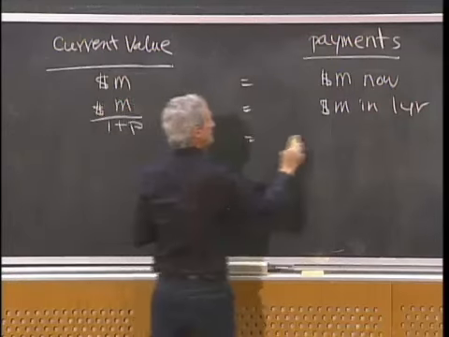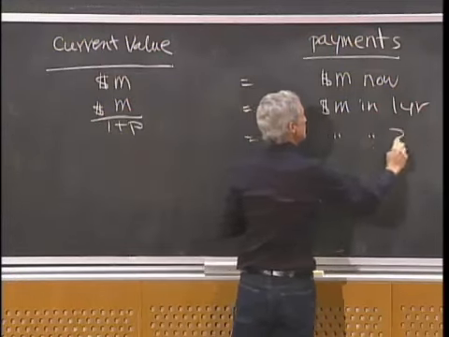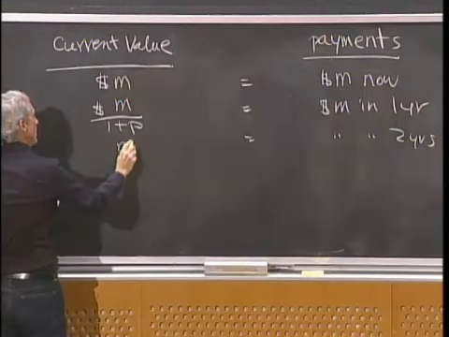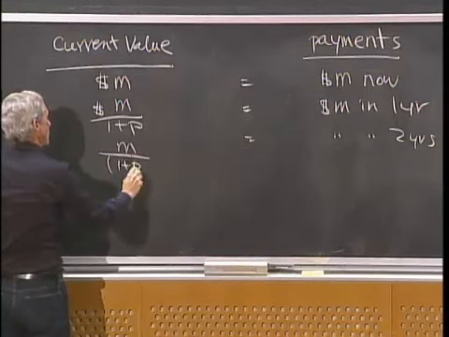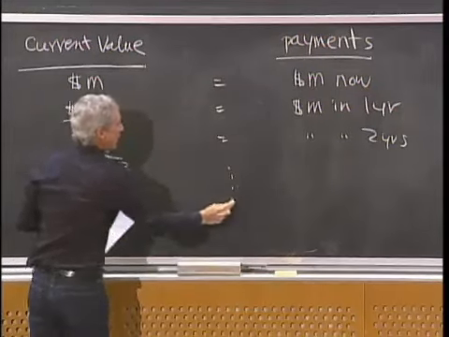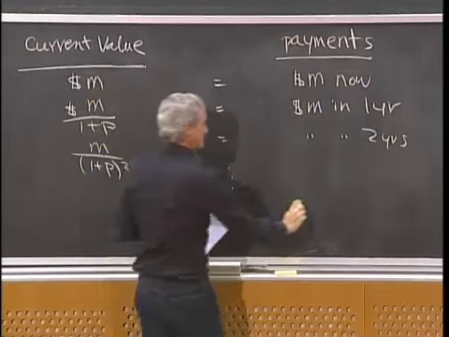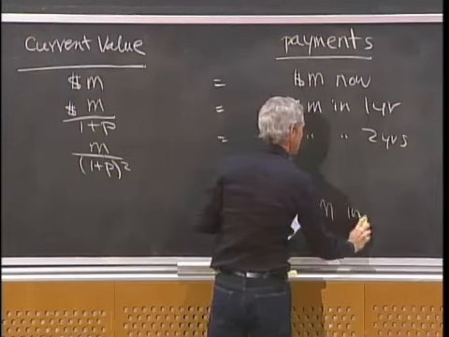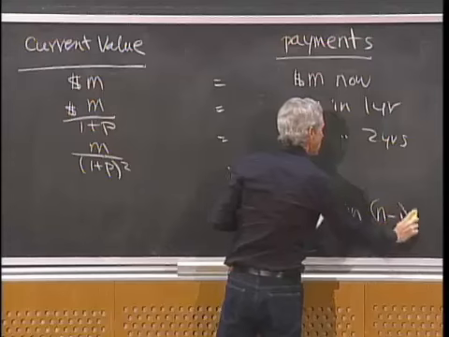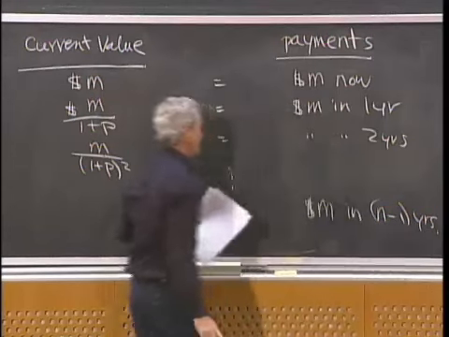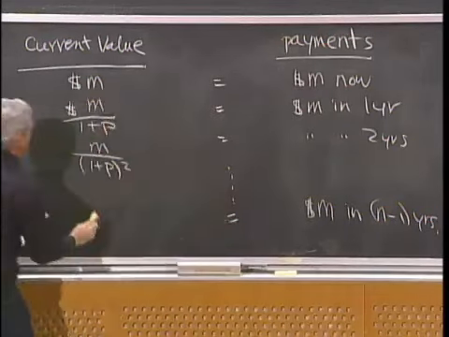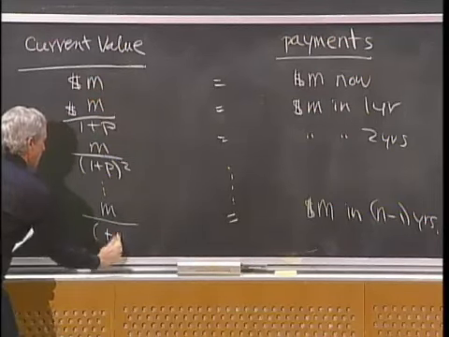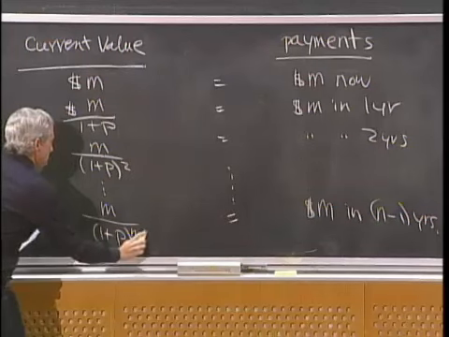And the next payment is M dollars in 2 years. That's worth M over 1 plus P squared. And we keep on going until the last payment. It's the nth payment, so it's M dollars in N minus 1 years. And so that's going to be worth M over 1 plus P to the N minus 1.